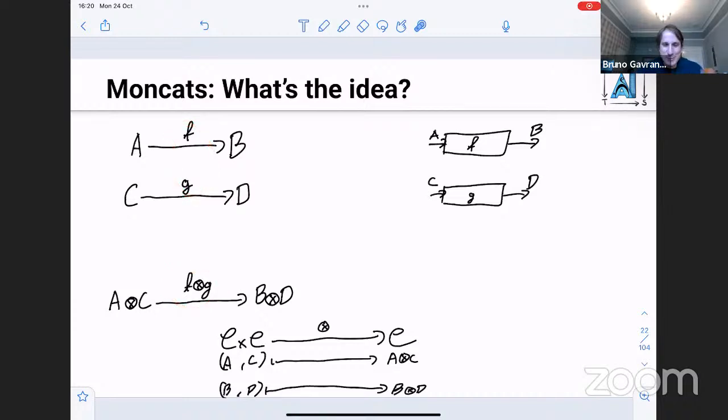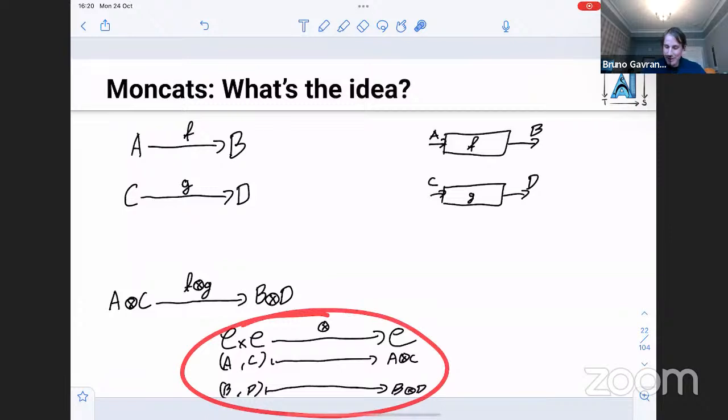So if this made sense so far, you're well on your way to understanding what a monoidal category is, and it's something that involves this functor.